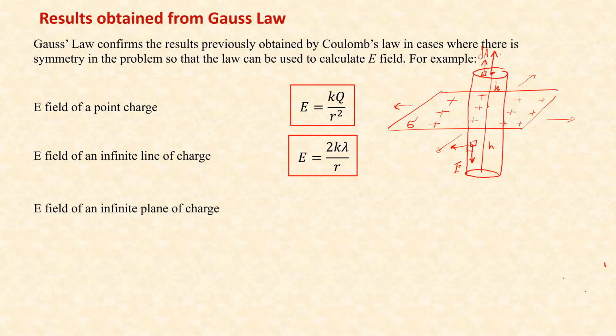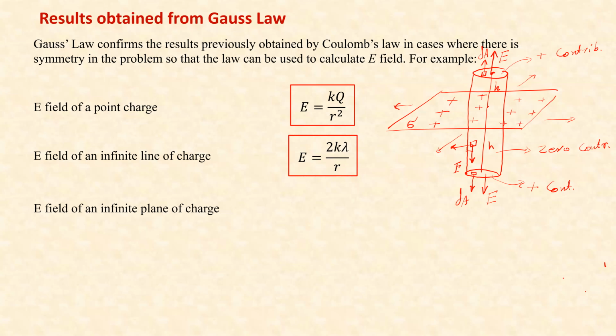This is the A, this is E. In this case, this is the A outward, and E is also away from the plane. So the cylindrical part creates 0 contribution, and these two make a positive contribution. So how much is that?